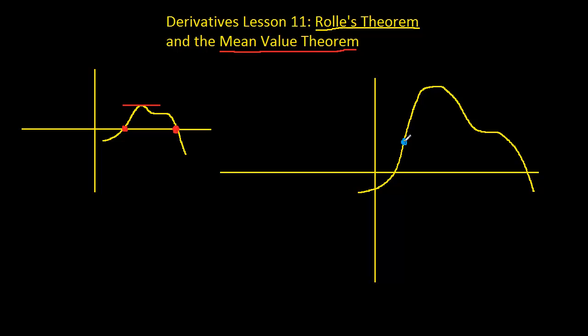If we pick this point on the graph and this point on the graph, and we draw the secant line between them, like that, there will be a tangent line between those 2 points that has the same slope. So let's see what we have here. It's going to look something like that.